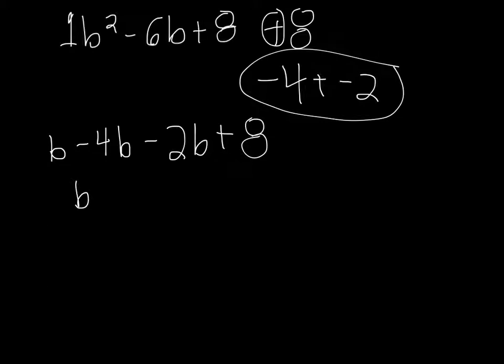So it would be b times (b minus 4). And then you can take out negative 2, and you get 2b plus 8, that'll be minus 4.